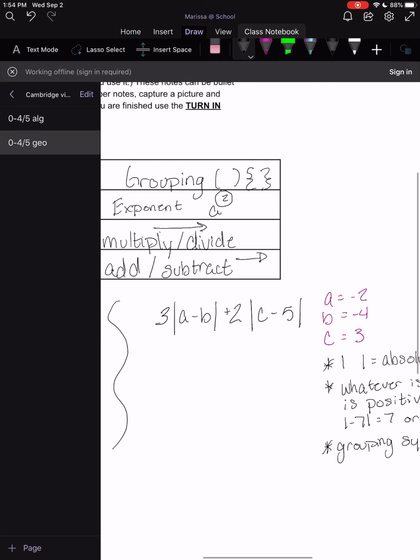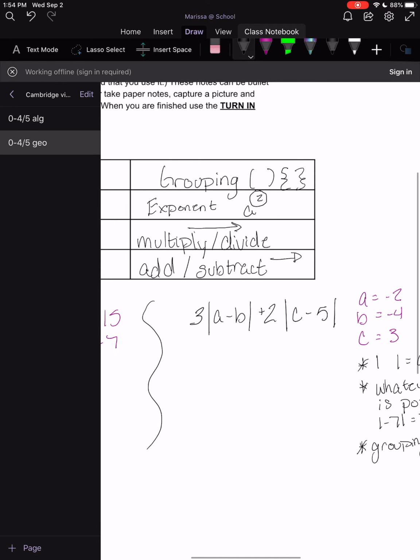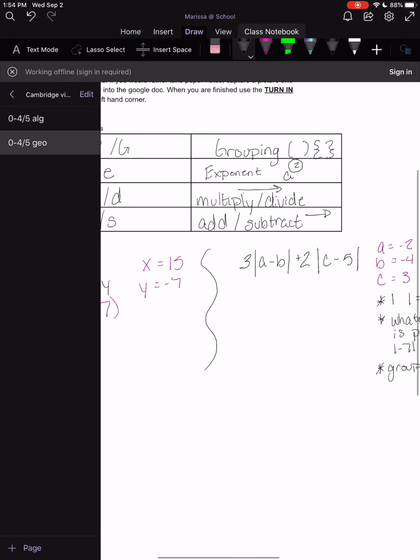So the first thing that I did last time, and I'll write down some steps because I know some people really enjoy steps, which is just fine. So the first thing is wherever I have a variable that I know the number, I'm going to plug it in. So if I have a known value for a variable, I'm going to write it as plug in or replace all known values. So I know that a is equal to negative 2.